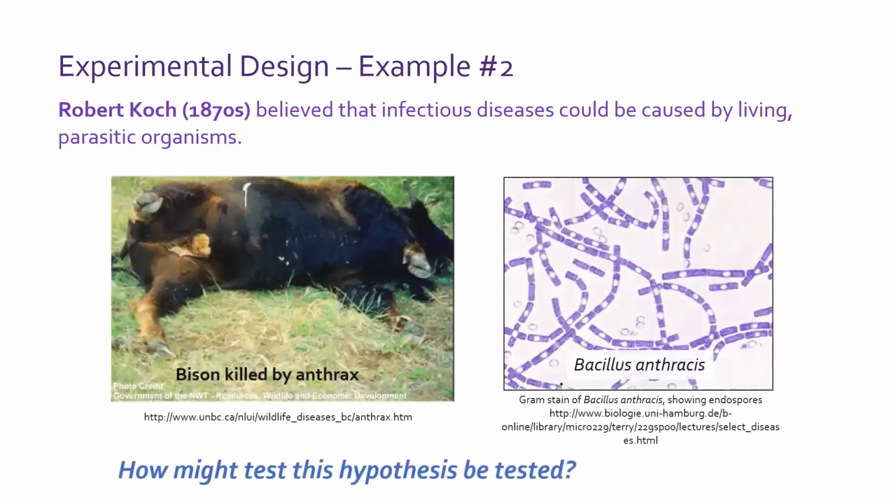He was interested in something called anthrax. Anthrax, by the way, is a microorganism. It's a bacterium found in the soil, and it forms something called endospores, which we're going to talk about. A lot of animals can get it from the soil. It's not found all the time, but it will spread around in the soil.